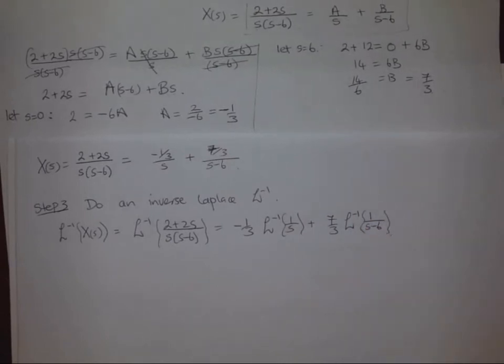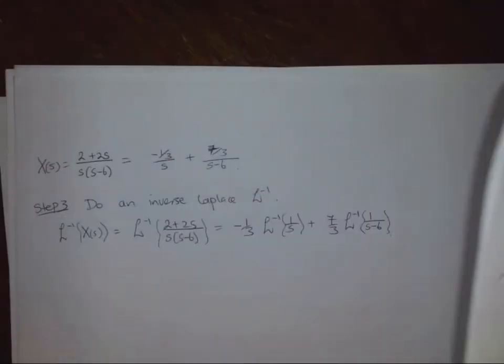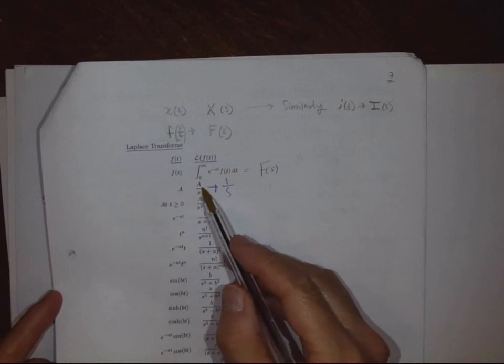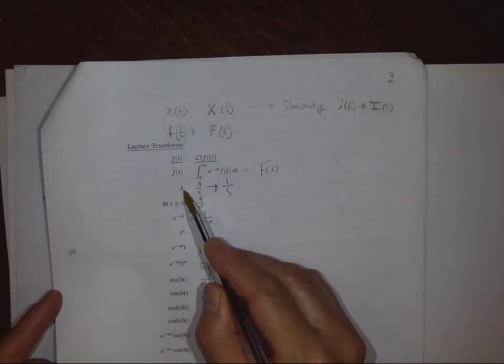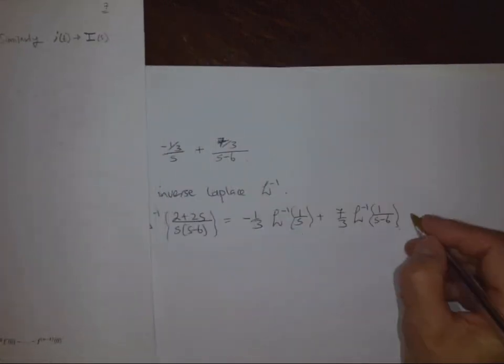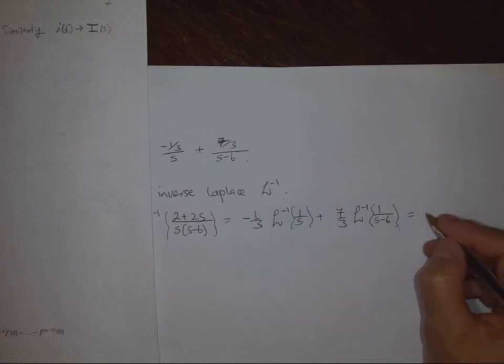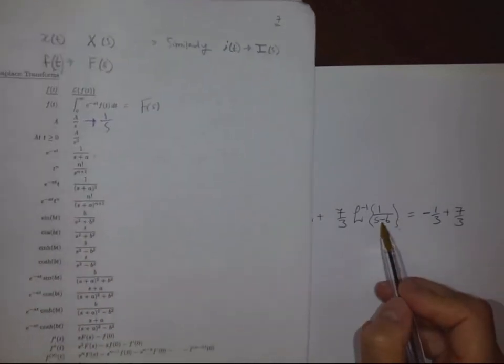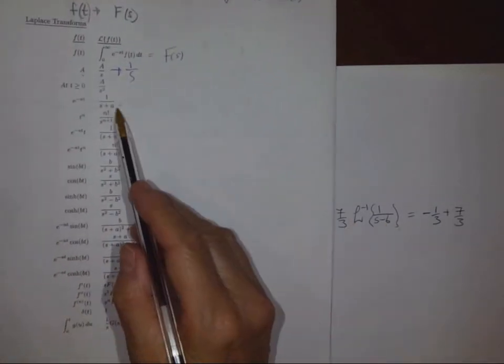So now finally we have a look at the tables, and we can see that 1 over s on the tables would be a over s, which will give us a, which is just 1. So that just becomes 1, and that becomes just minus 1/3, plus 7 over 3 times the inverse Laplace of 1 over (s minus 6).